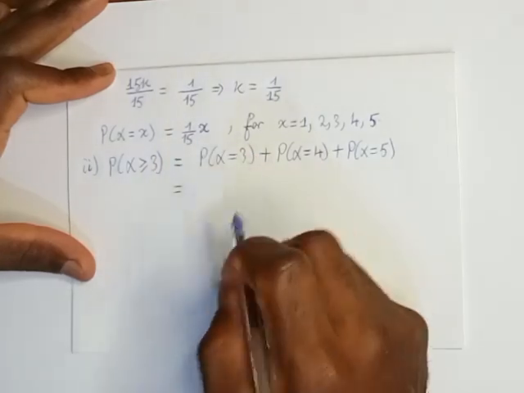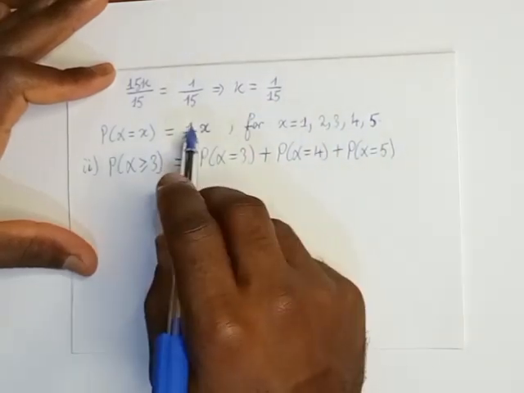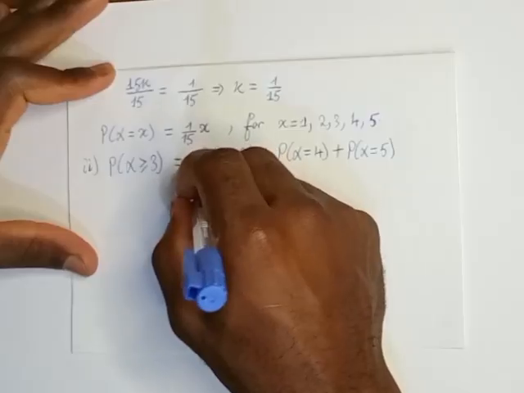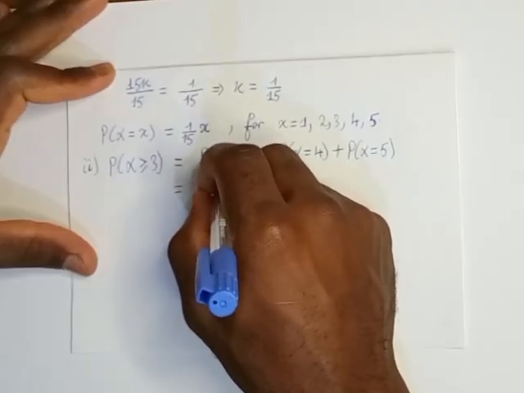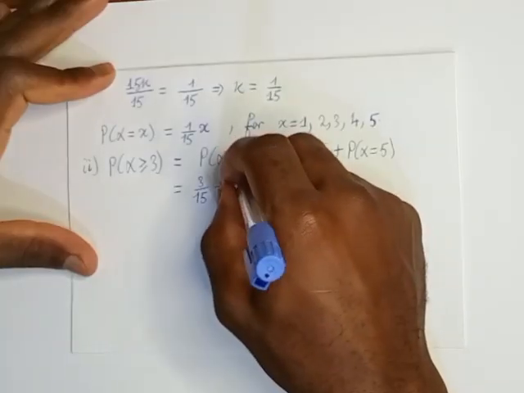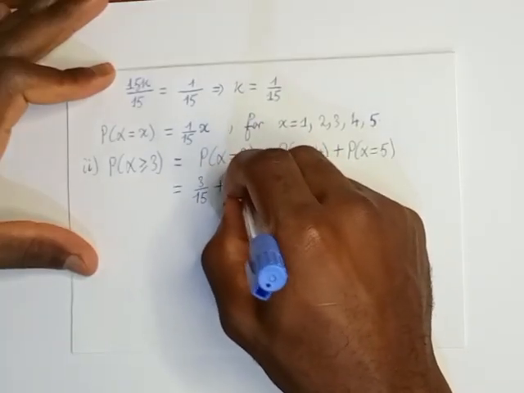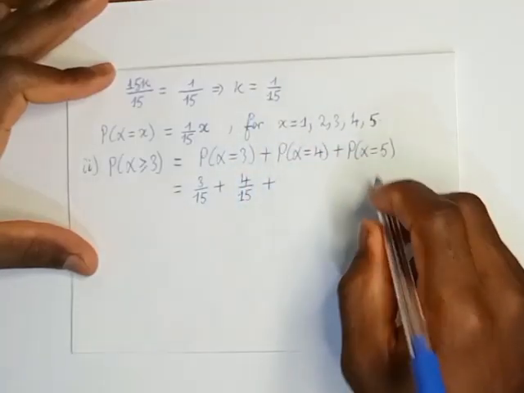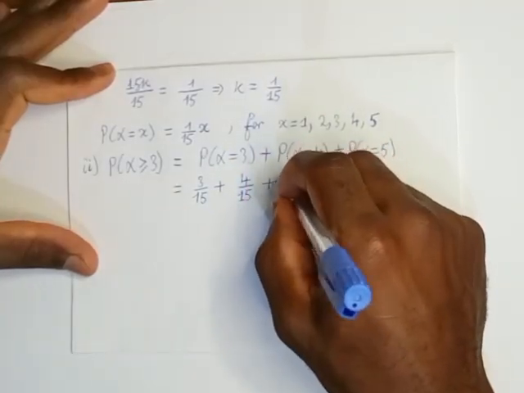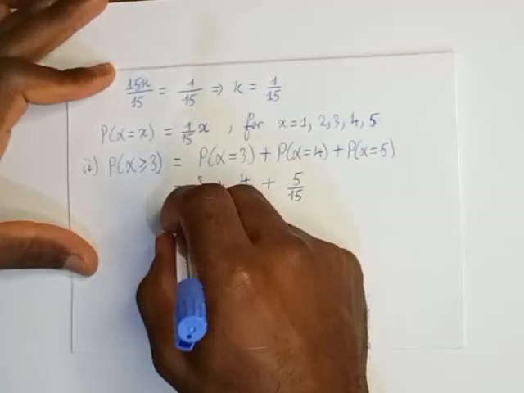When x is 3, this gives us 3 on 15, plus when x is 4, 4 on 15, plus when x is 5, 5 on 15.